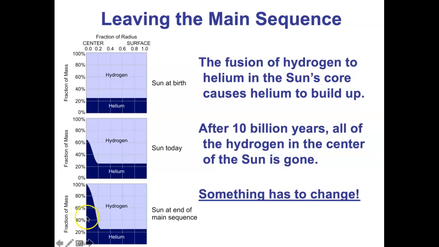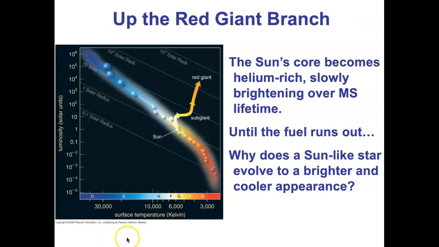So everything is fine, as far as the star is concerned, as long as there's hydrogen fusion happening. But once the core has converted to completely helium, all the nuclear reactions stop. Pressure starts to lose, and gravity starts to win. And that's when things start changing much more rapidly. Right?